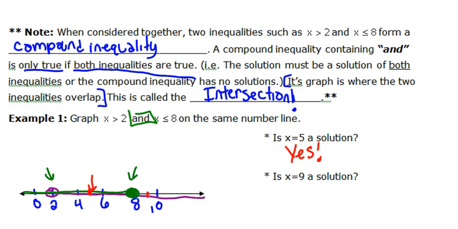So 9 would be right here. Since 9 only works for one of the inequalities, the x is greater than 2, that's the one in the purple, this would not be a solution. So your numbers have to work in both inequalities.